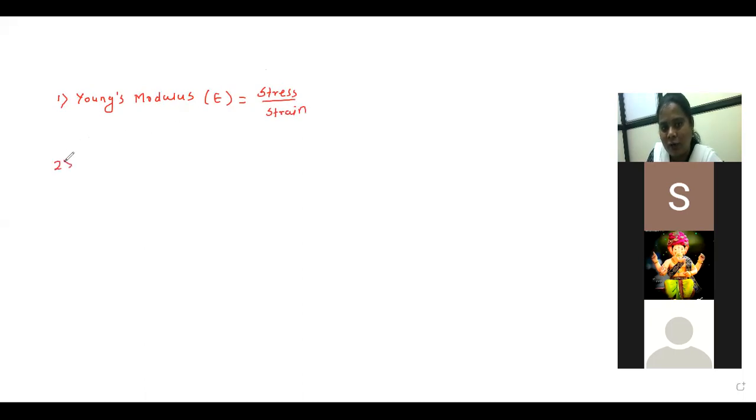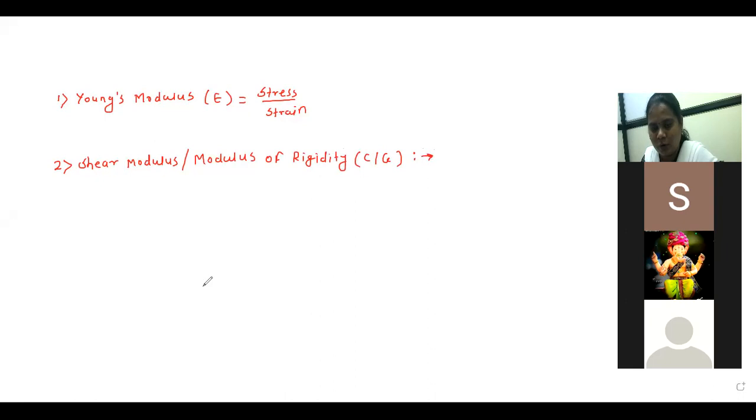The second elastic constant we have studied is shear modulus, or modulus of rigidity. It is denoted by C or G. Anyone please define how to find shear modulus?